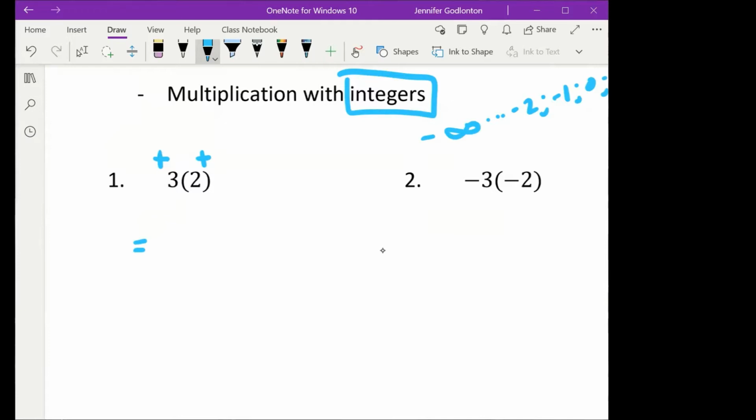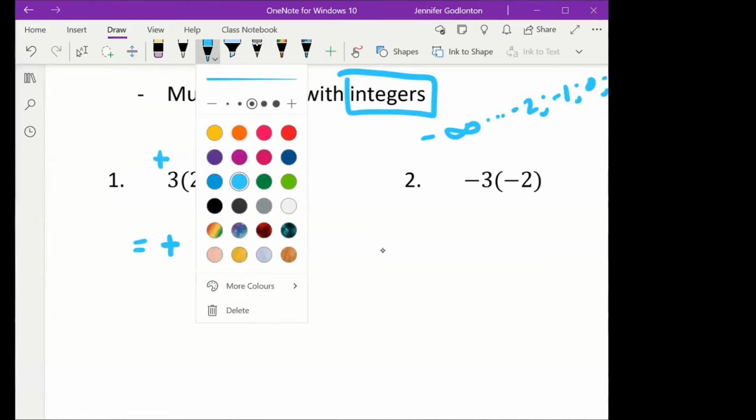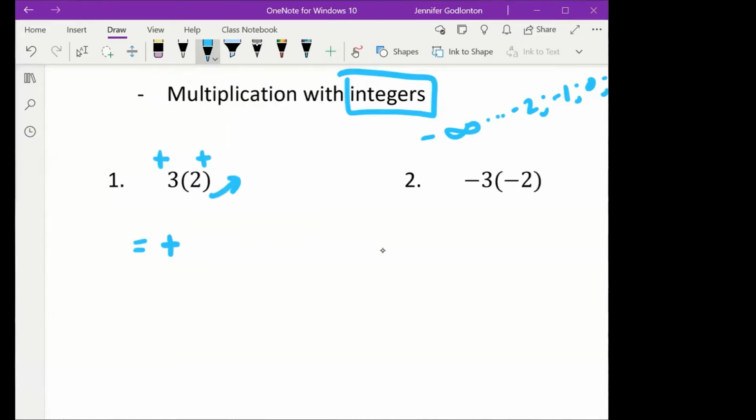If I have 2 numbers that are positive, when I multiply them together, my answer is definitely going to be positive. In this situation, I'm saying what is 3 times 2? Because remember, when we've got brackets, that also means multiplication. So I've got +3 times +2, which is going to give me a positive answer, and my answer is going to be 6.